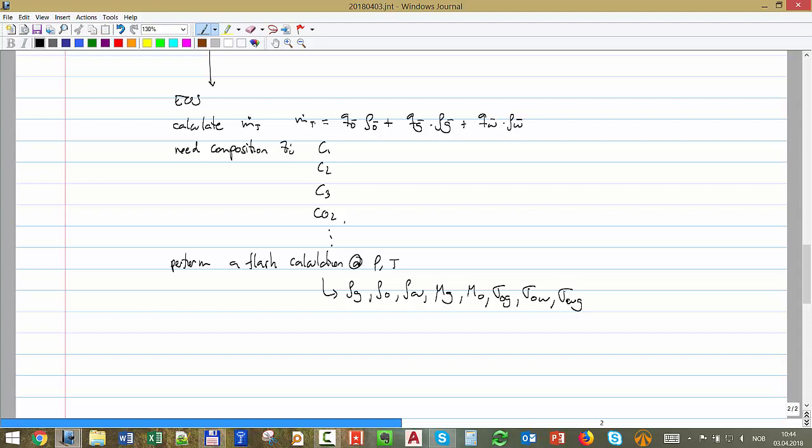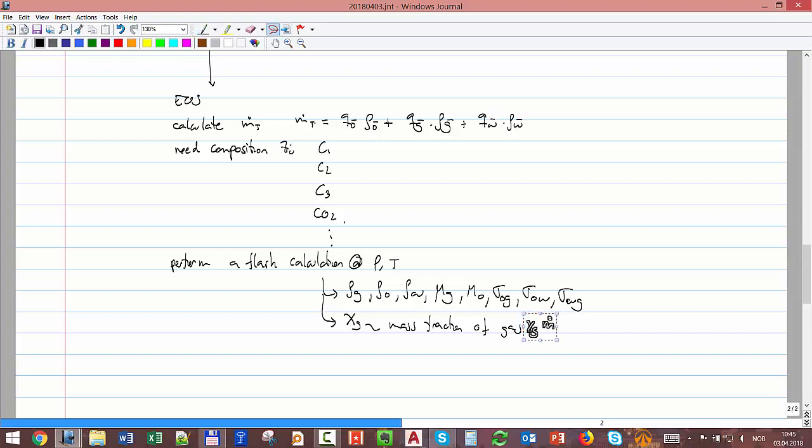What else am I missing? Okay, nothing else, I think. And most important, we calculate from here the mass fraction of the gas.